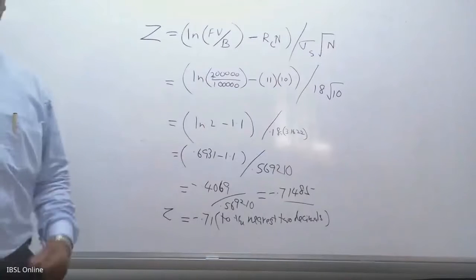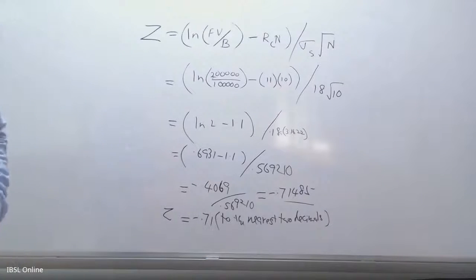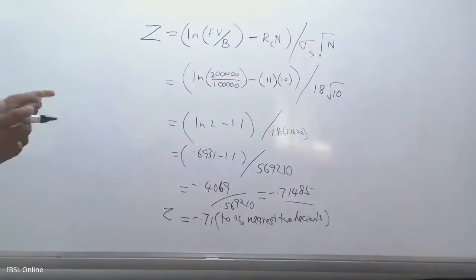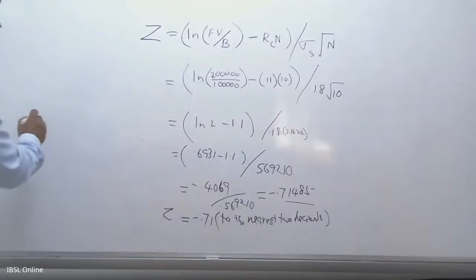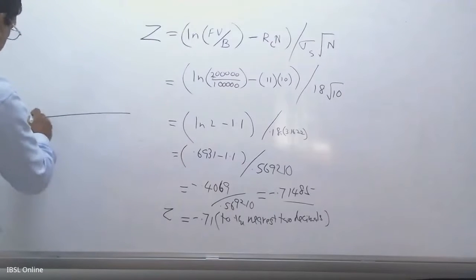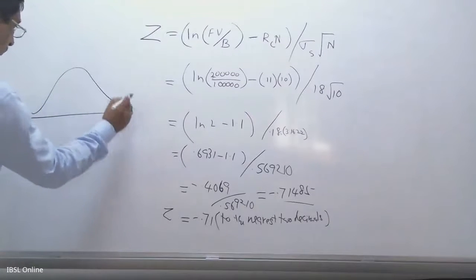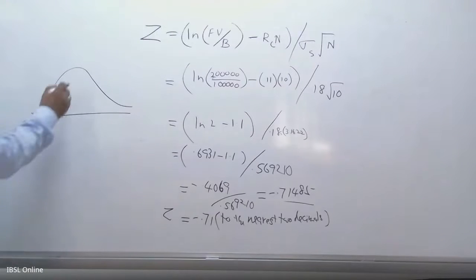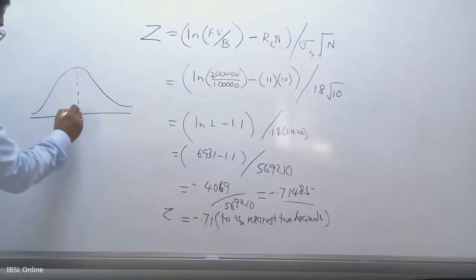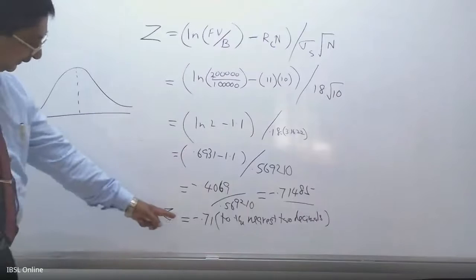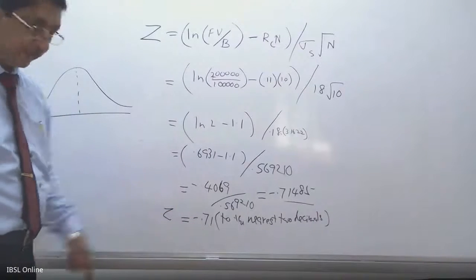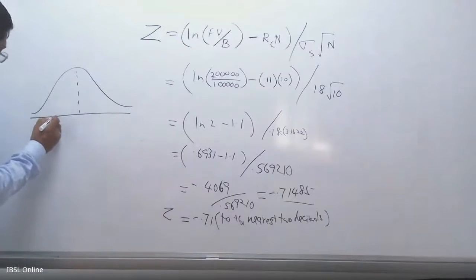Now, what we need to do is, I will show you the curve. When I say Z is equal to minus 0.71, Z would be somewhere here.